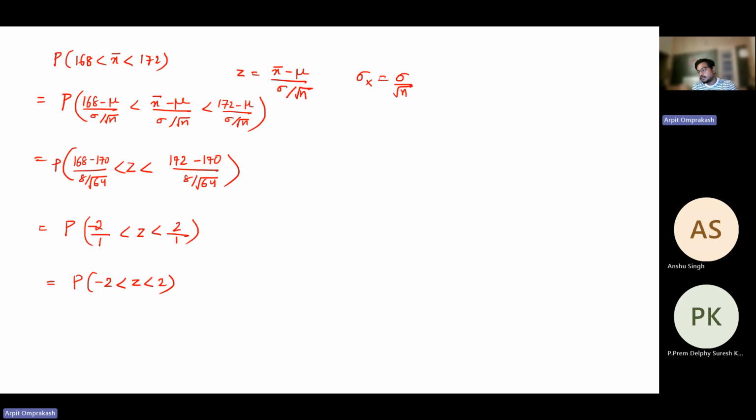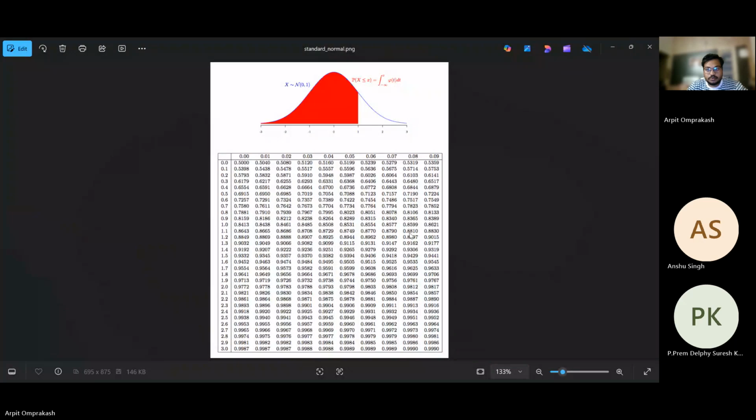Now, the table that we look at will basically tell us, for the z-score, okay, let me just share the table. Okay, so this is the table that we'll be using.